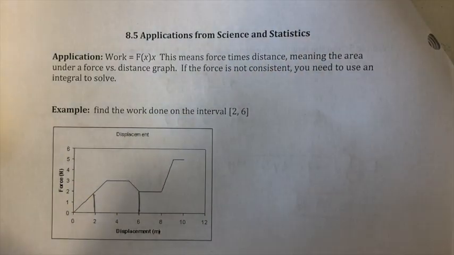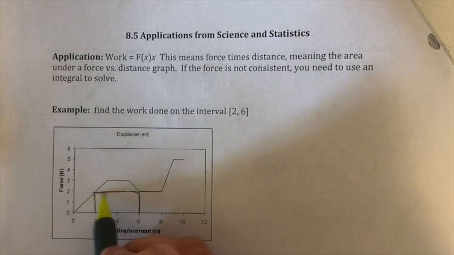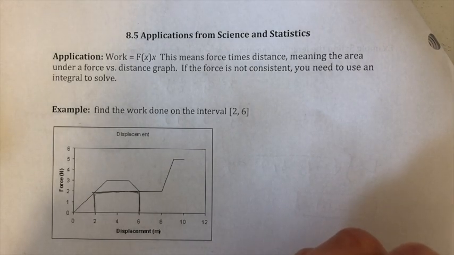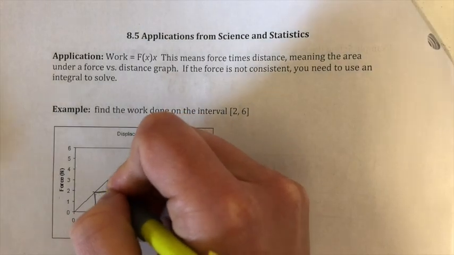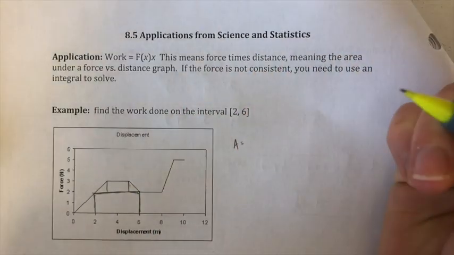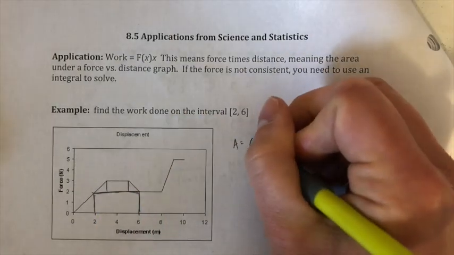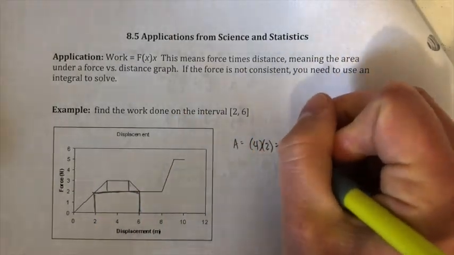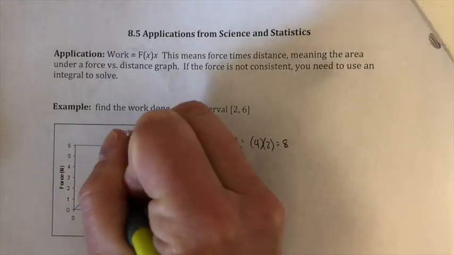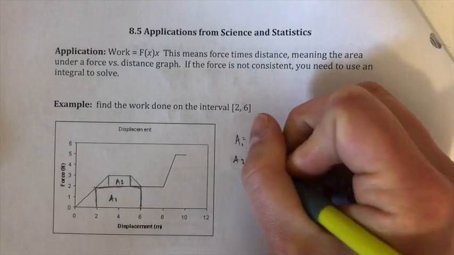The way that I did this is I split it into that rectangle there, and then I split it into sections like that. So this rectangle here has a base of 4 and a height of 2. That's nice and easy, we'll call that area 1. Area 2, that's 2 and 1.